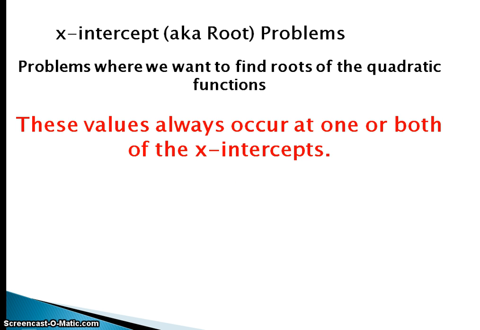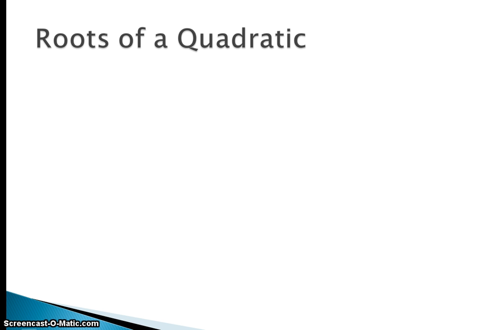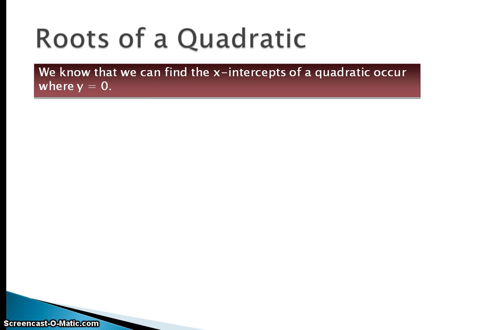Now the next kind of problem we want to look at are root problems, otherwise known as x-intercept problems, or we might call these problems where we need to find the zeros. Now they're problems where we want to find the roots of the quadratic functions, and we know the roots are at the x-intercepts. Now, how do you find the x-intercepts?